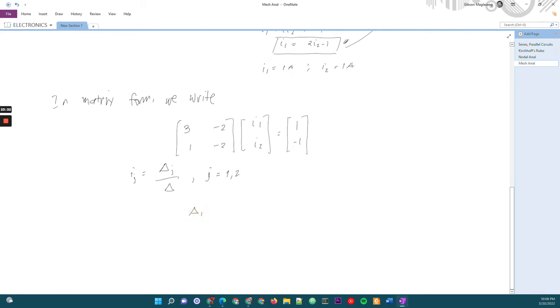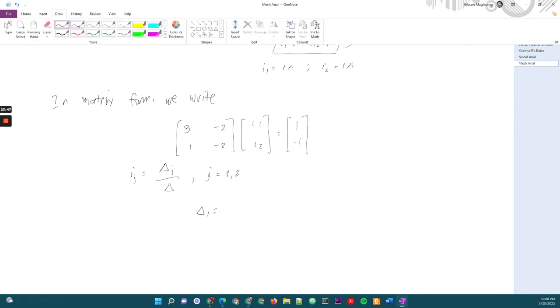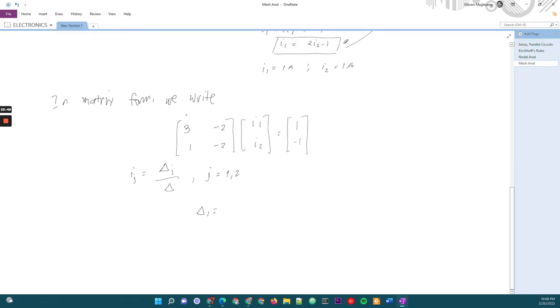Okay, so let's try to solve first delta 1. Okay, so this is determinant delta 1. So ang wato ni mo ana para makuha ni mo ang delta 1 is this. Imo na siyang i-cover. Okay, then pulihan ni mo ani nga values. So we have 1, negative 1, and you copy the right hand side. Okay.